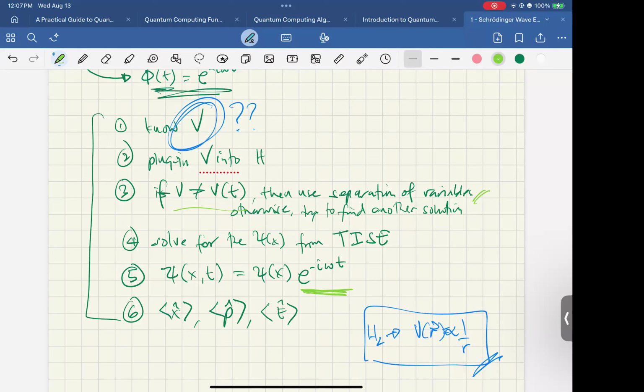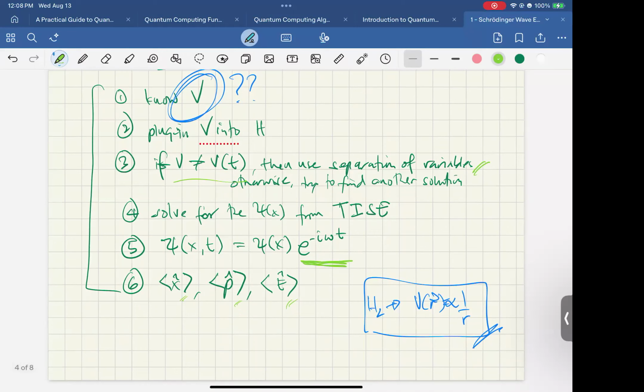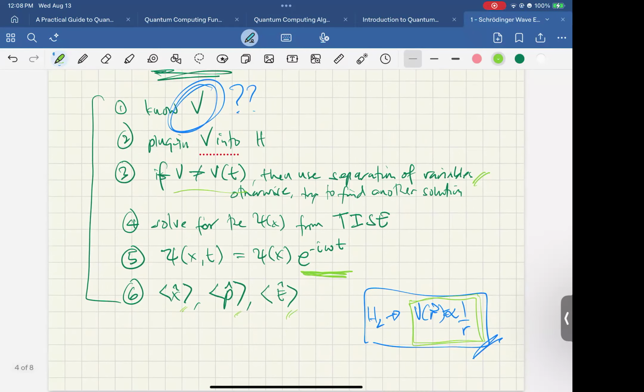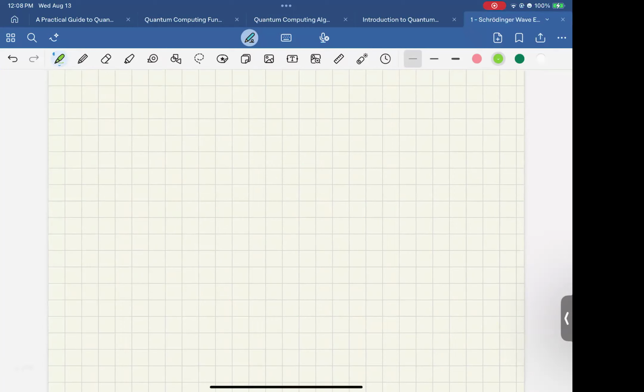And then from there, pwede natin i-measure yung position, momentum, and energy. Okay, and then ang binigay natin example towards the end ay yung hydrogen atom na kung saan yung potential niya is proportional to 1 over r, the inverse of the position. Okay, so we continue with our discussion.